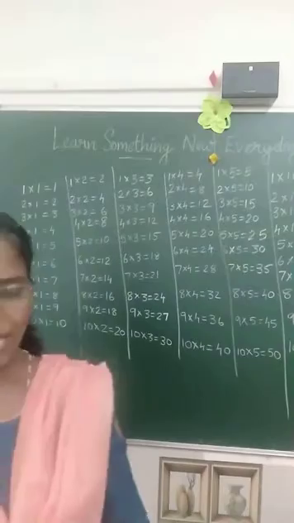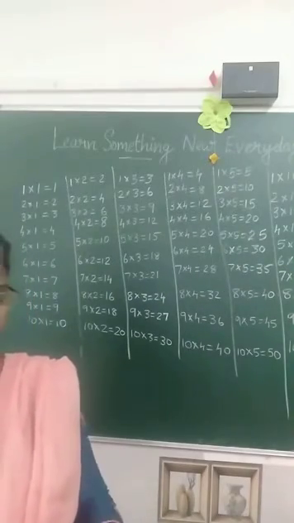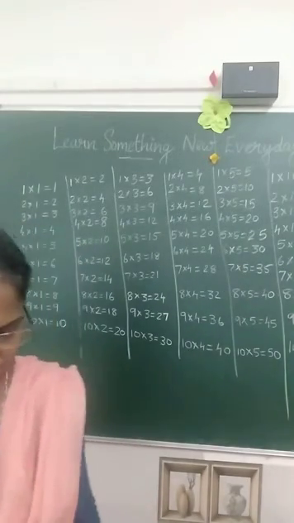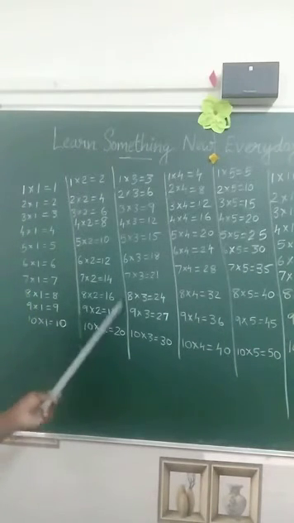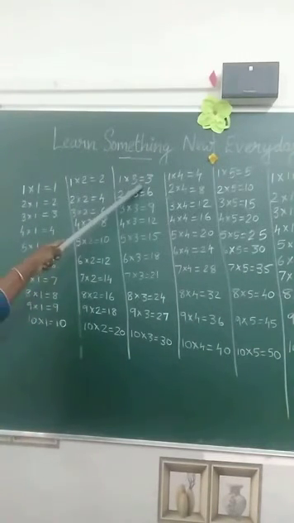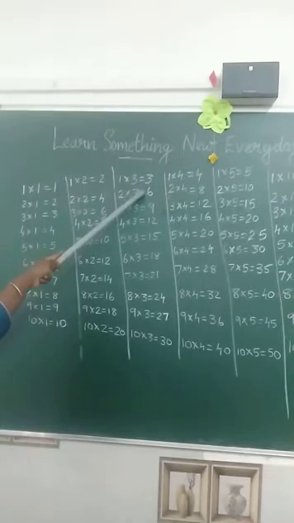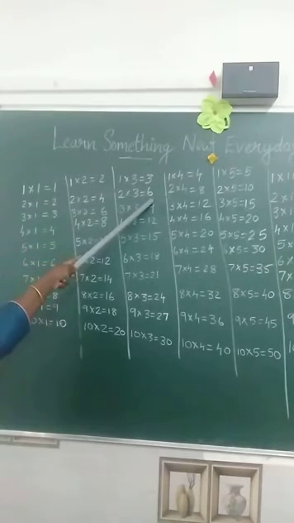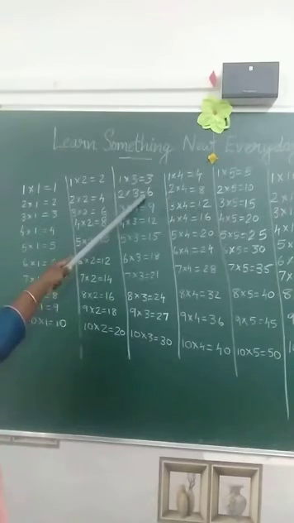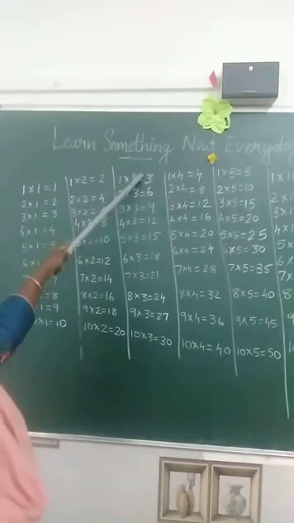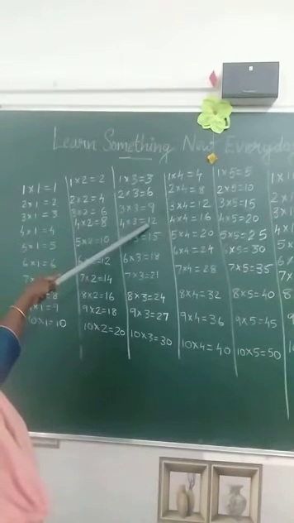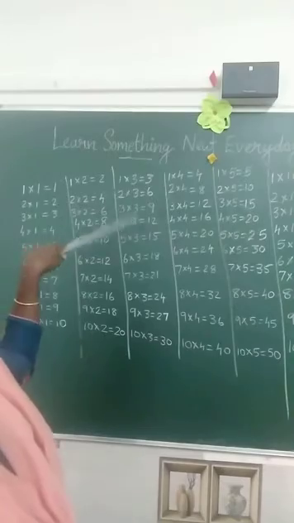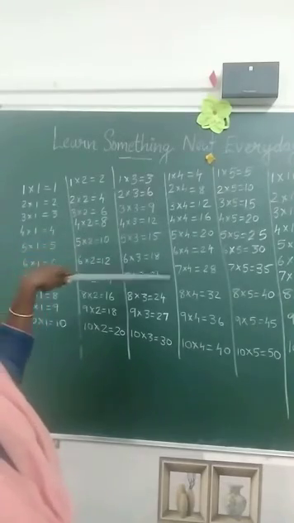3 times. And see, the 3 times table contains numbers as odd, even, odd. See, 3 is an odd number. 6 is an even number. So 3 is odd, 6 is even, 9 is odd, 12 is even. Like this, the answer comes.